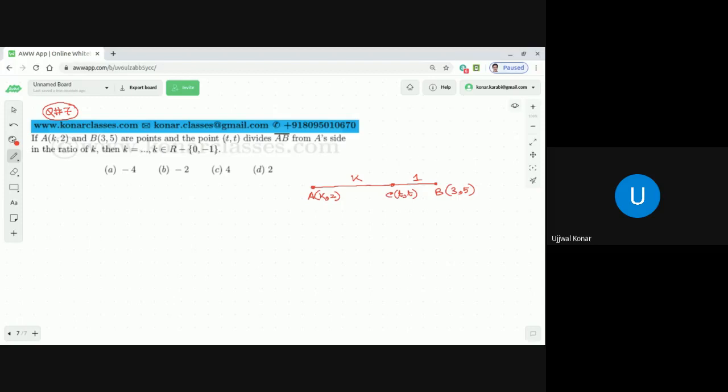Properly we can use the section formula. So k should be associated with the coordinates of the point B, and 1 should be associated with the coordinates of the point A. And we can find the x coordinate of the point C, that is t.